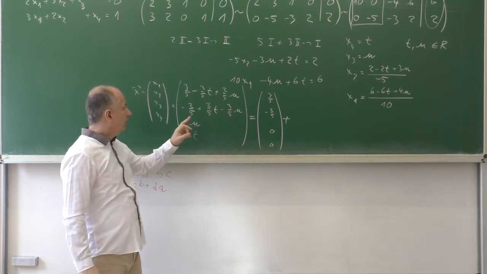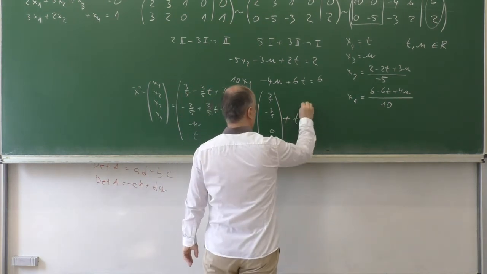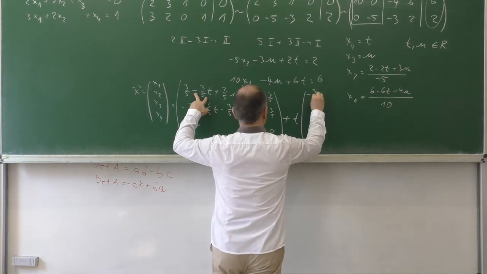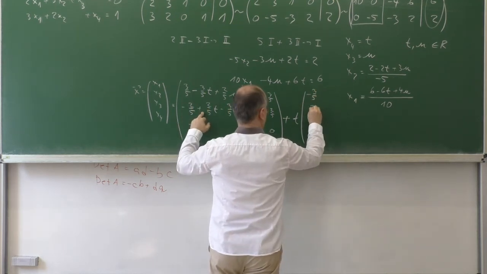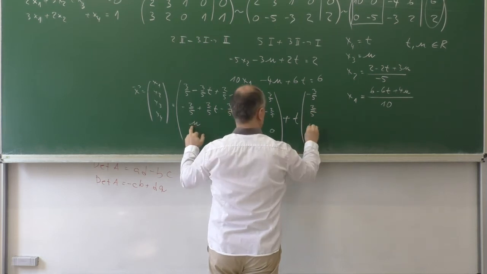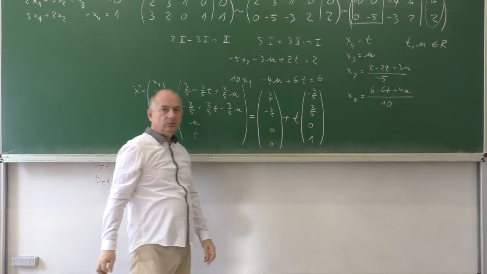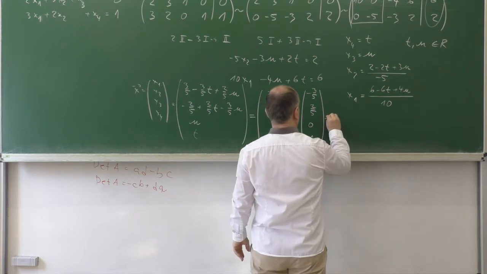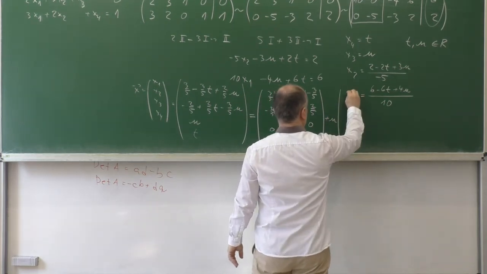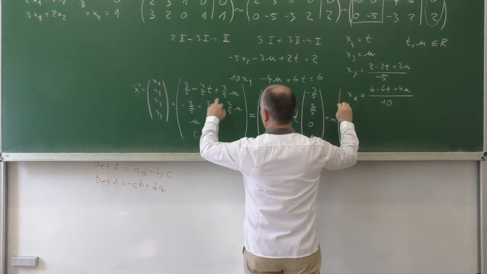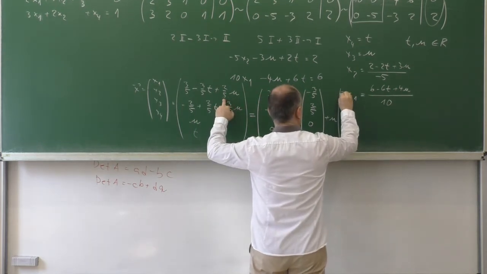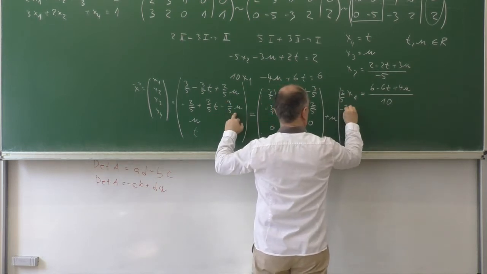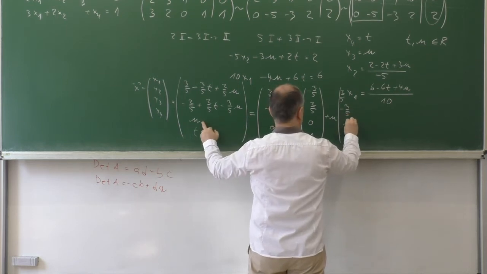And we can write the parameter t times the vector of coefficients, minus 3/5, 2/5, 0, 1, and what remains are the terms with u. And similarly, we can factor out u and write the coefficients alone. 2/5, minus 3/5, 1, 0.